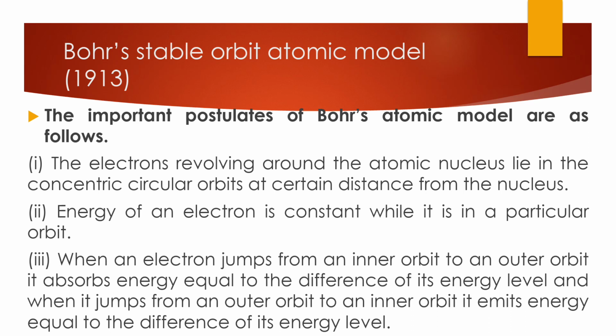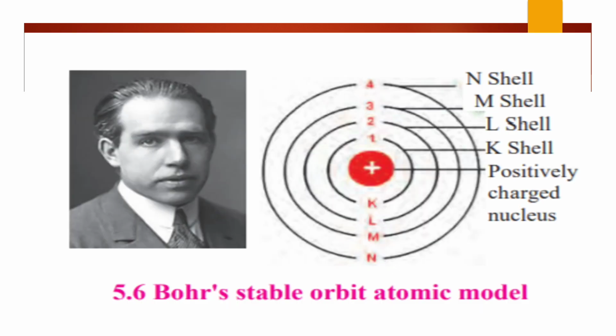But sometimes electrons can jump from their orbit to the next orbit. When it jumps from its orbit to the next orbit, it absorbs energy. And when the electron jumps to the orbit before its orbit, then it will release energy. So he has explained it like this.